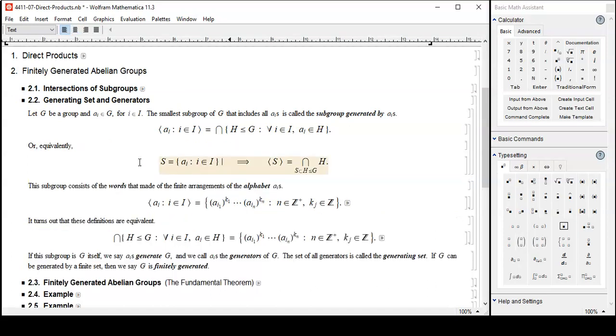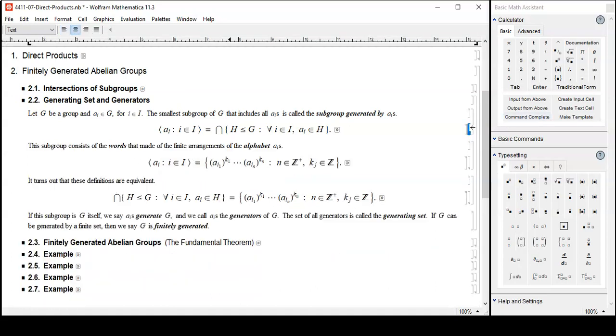Yes, this set S is a generating set. And if the set is finite, then we can say G is finitely generated. The generating set may not be unique, so in some cases finite, in other cases infinite. If a finite generating set exists, then that's enough to say G is finitely generated.